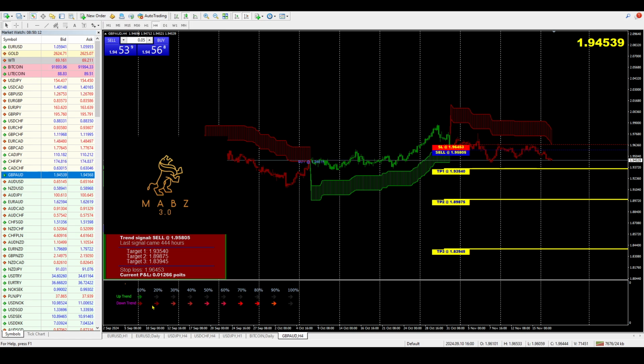Right now at the bottom, you've got some arrows pointing all the way up to like 90%. That simply means that this market, this chart, is most likely to go down.